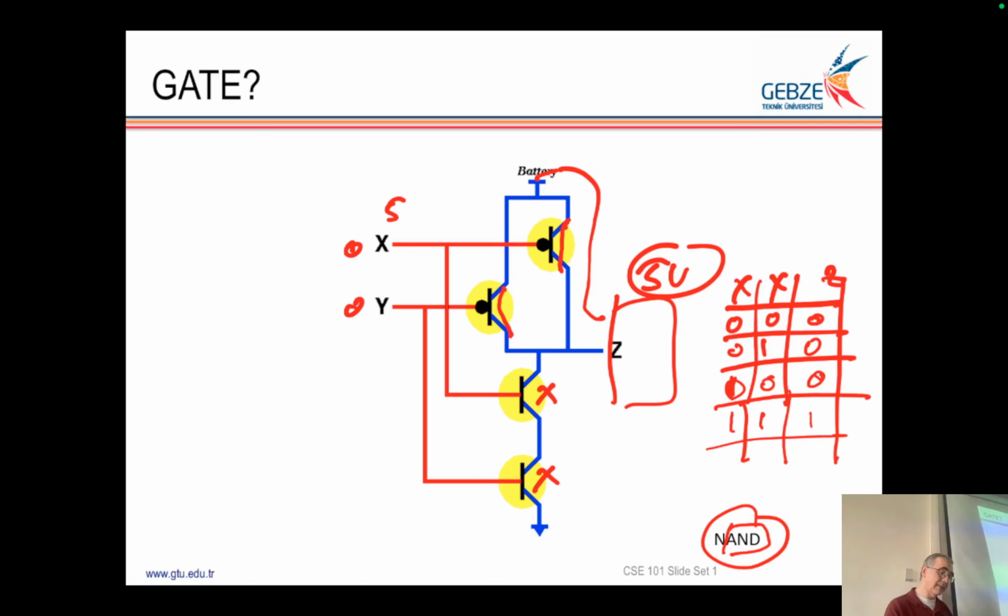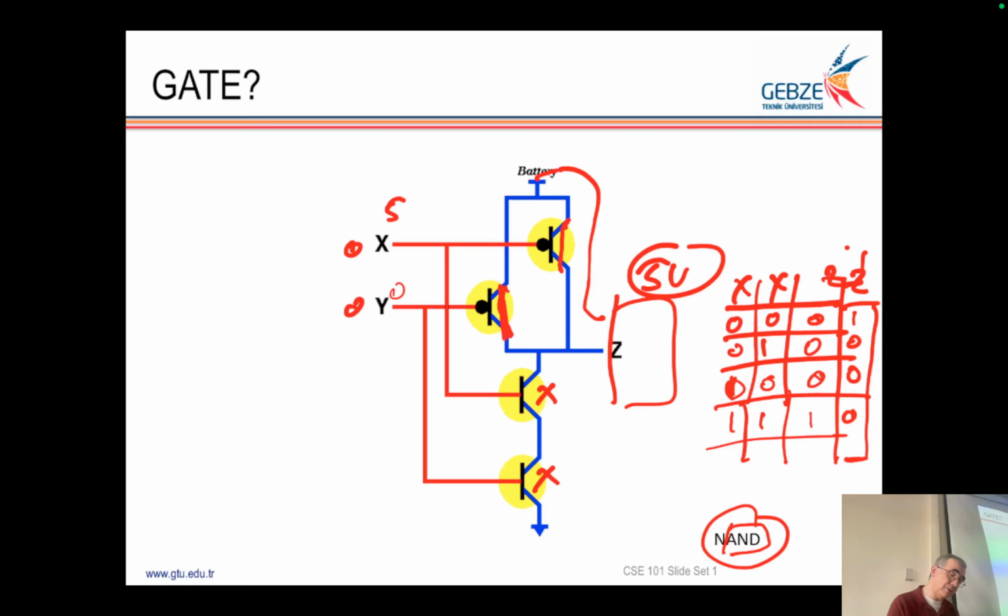But this is AND. 1, 0, 0, 0. Am I correct? I think if one of them is 0, it is connected.